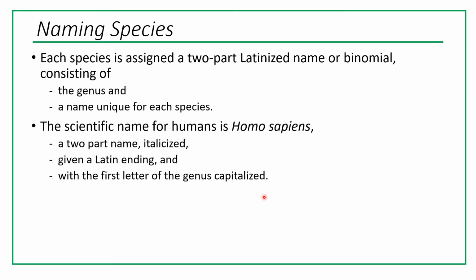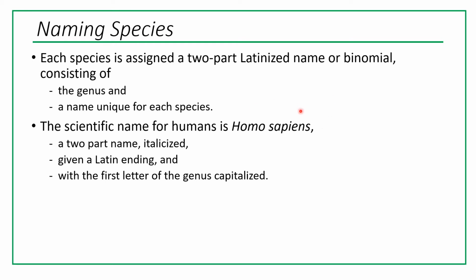Each species is assigned a two-part Latinized name, or binomial, consisting of a genus and a name unique for each species. For example, for humans, our scientific name is Homo sapiens. So you can see that Homo is our genus, that's a bigger group, right?